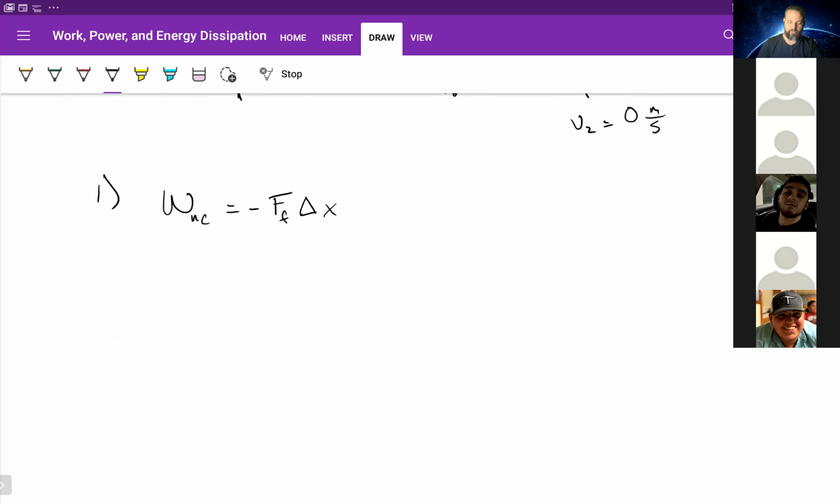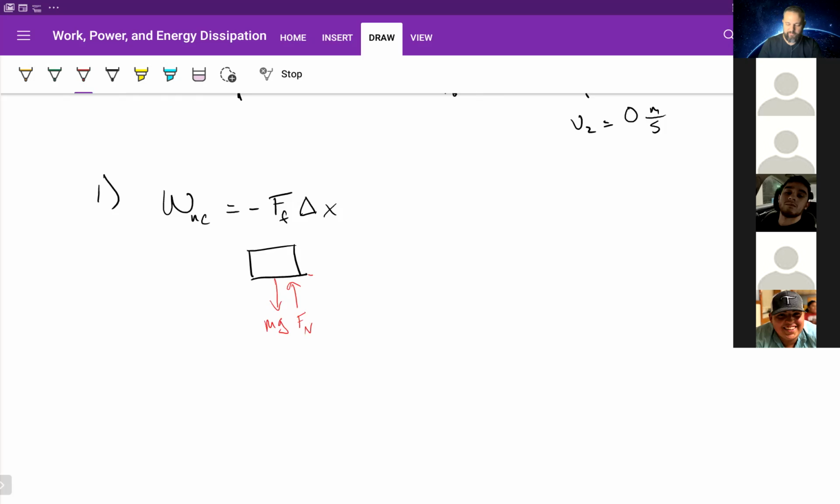I'm just going to draw a free body diagram here. I'm going to have the weight going down and a normal force going up. I don't have any force pushing this thing, so we're assuming that something gave it an initial push. We don't know what it was, but it gave it an initial push.